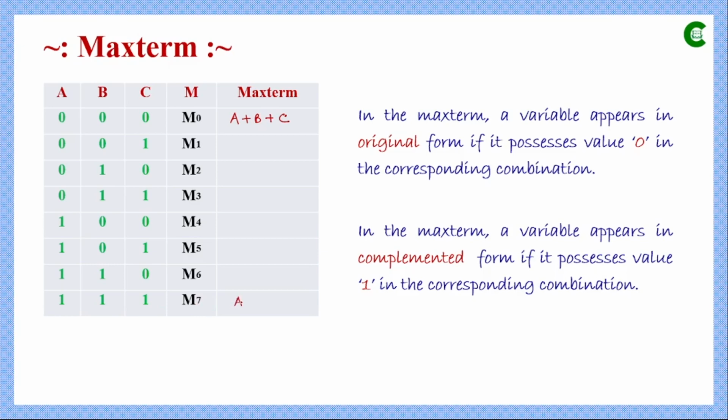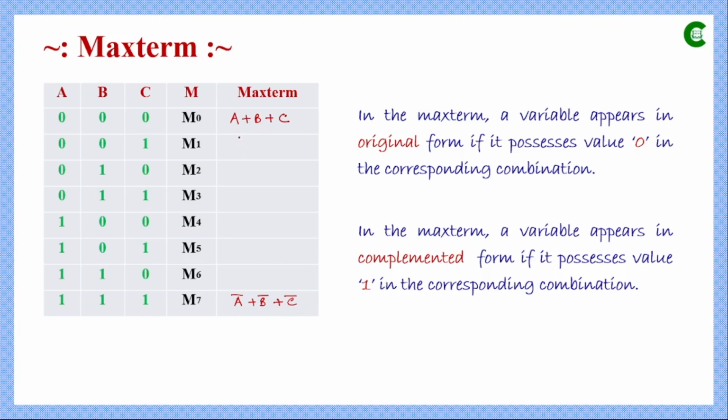So it will be A complement, plus B complement, plus C complement, and their total value will be 0 in case of max term. So if it is 1, 1, 1, then it will be 0 plus 0 plus 0. So it is an OR operation between all the variables which have 0 value. So the final output of that operation will be 0.